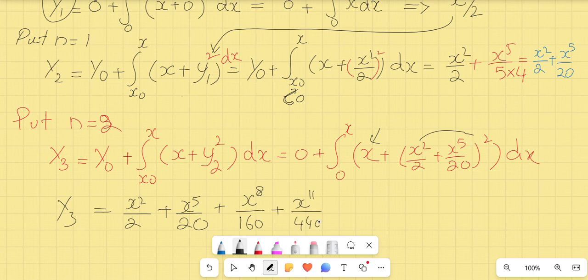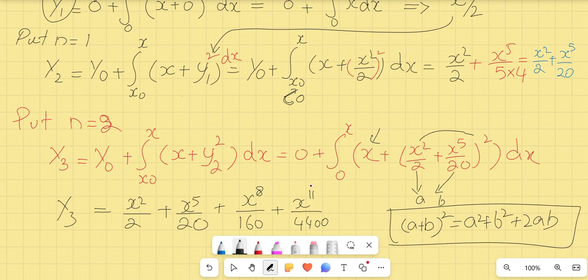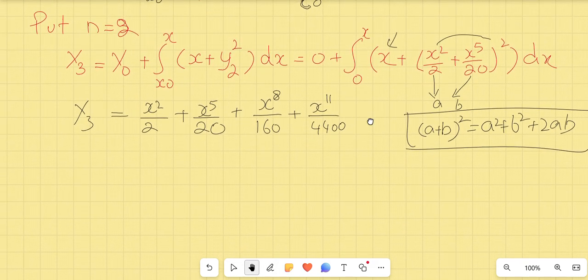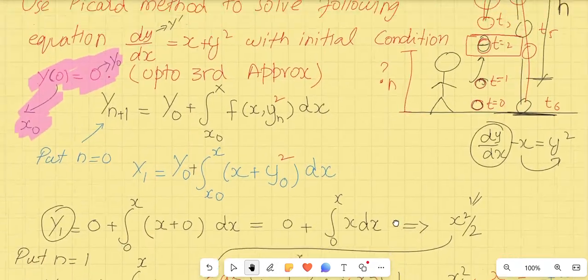It will be like that, because let's just use the formula. Let's say this is your a, this is your b, so (a plus b) squared is equal to a squared plus b squared plus 2ab. We can use this formula and try to integrate it, and so up until the third approximation we get the value.